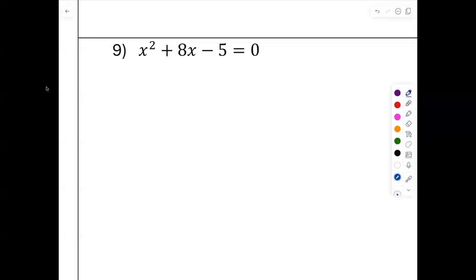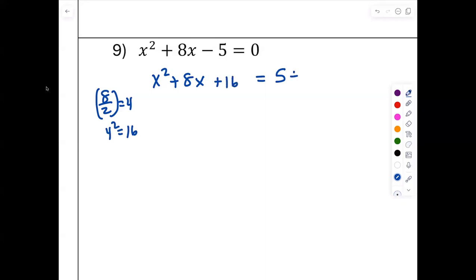All right. First thing is we're moving the 5 over. Ready? X squared plus 8x equals 5. 8 over 2 is what? 4. 4 squared is what? Plus 16.